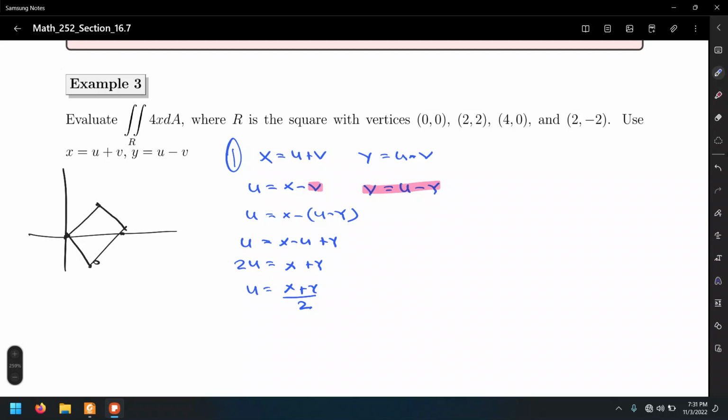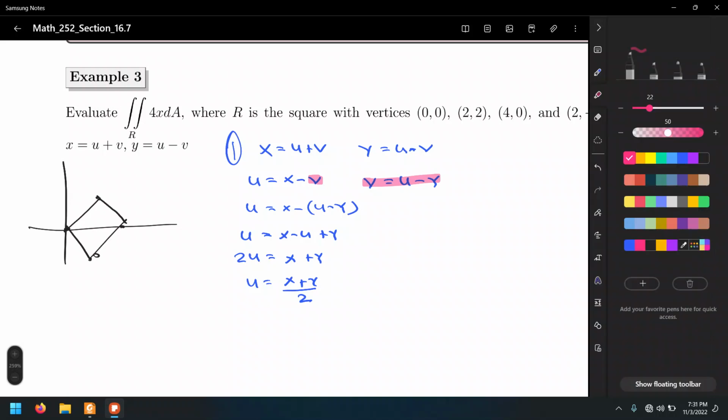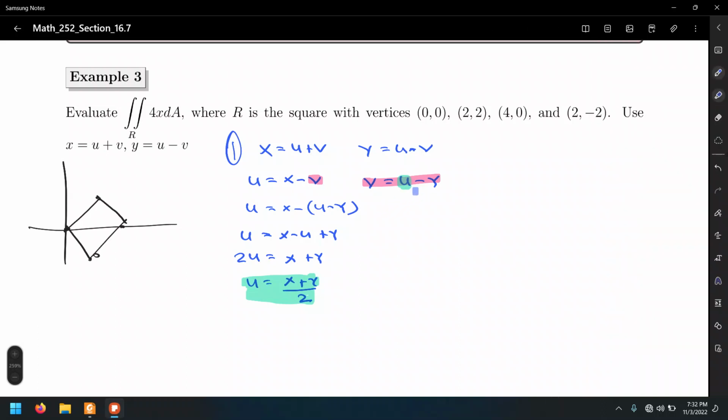Now we need to do the same for v. Notice we already have this solved for v, and we also have this solved for u. So I'm going to plug this u, which is in terms of x and y, in here. v equals u minus y, which is (x plus y) over 2 minus y.